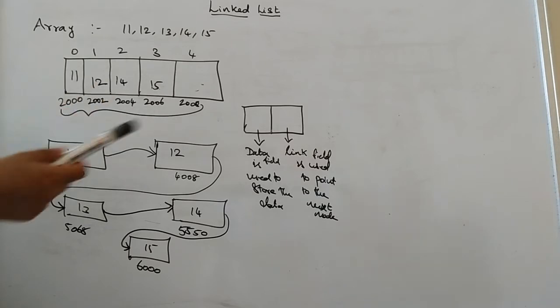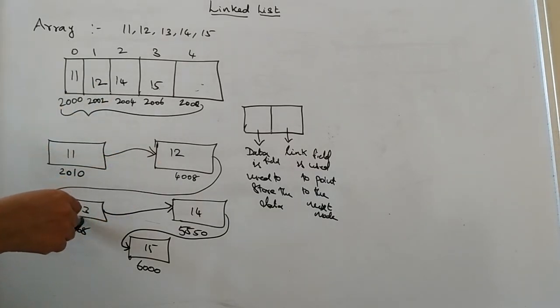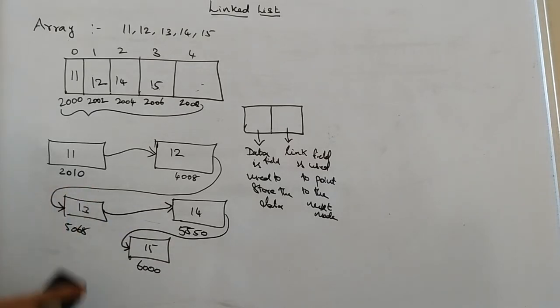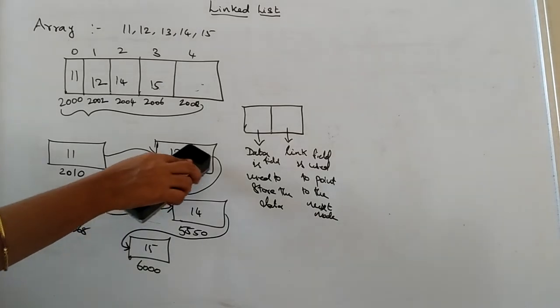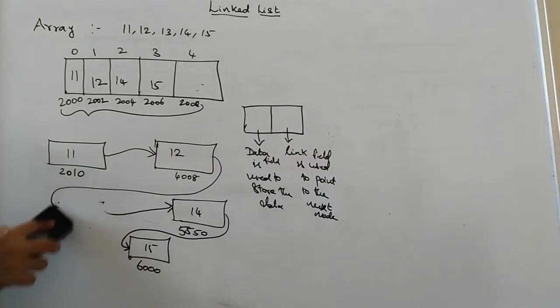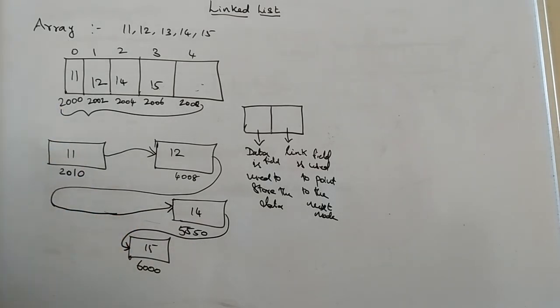So simply we can change the pointer. For example, if I would like to delete the node 13 from my list, simply I can remove this one and make this pointer point to the 14. So these small changes are enough.